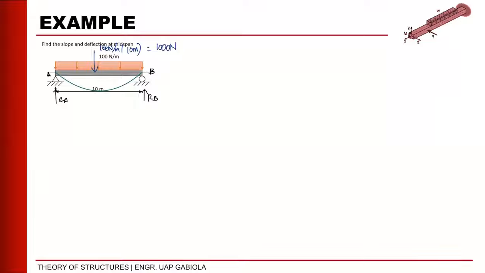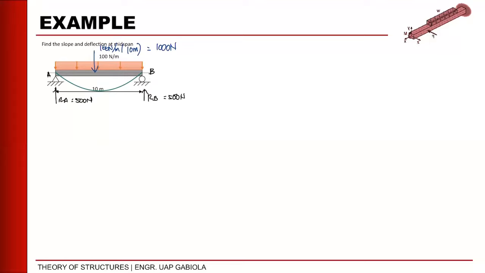Okay? So, if that is applied at the middle, we can say that RA and RB are supporting the same weight. They share the load because the load is at the middle, at 5 meters. So we have 500 newtons at RA and 500 newtons at RB.